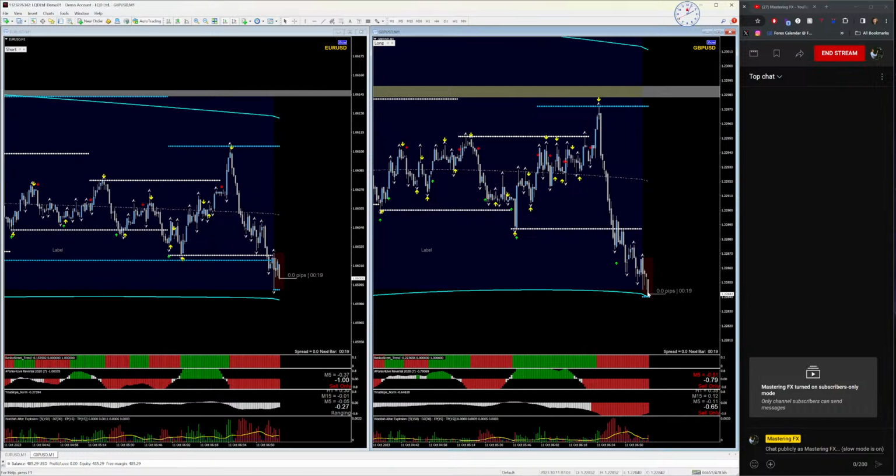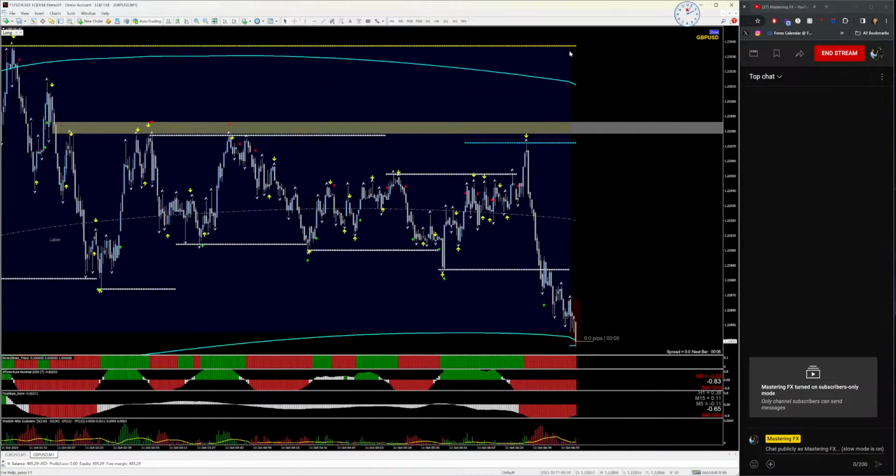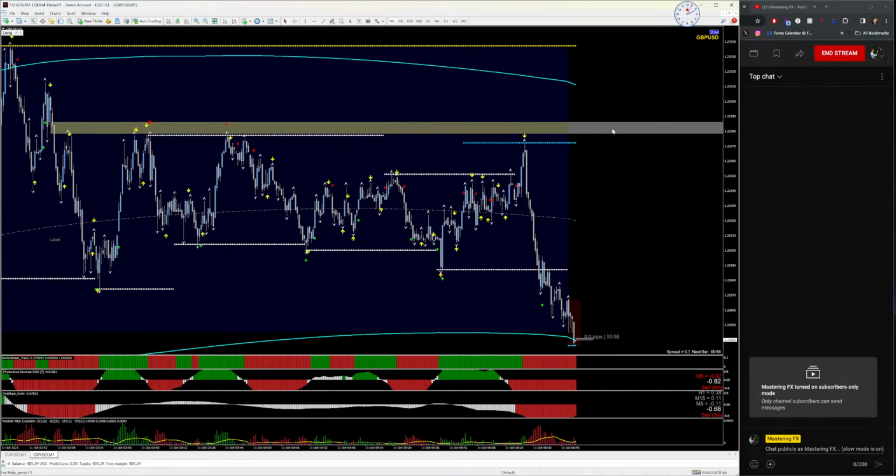Okay, so we did take Asian session low and we touched the band, so now I would be interested in a buy on GBP USD, even though technically we're going down, but I think we're gonna grab liquidity up here one more time and then actually go down, or at least go back into this fair value gap, leftover fair value gap, to take this liquidity up here and then turn around.